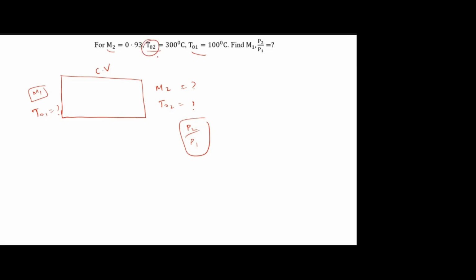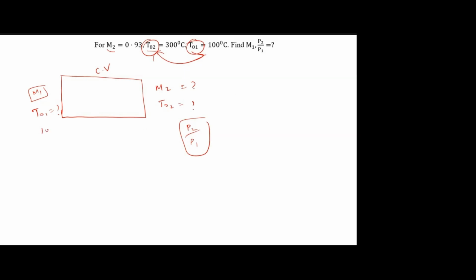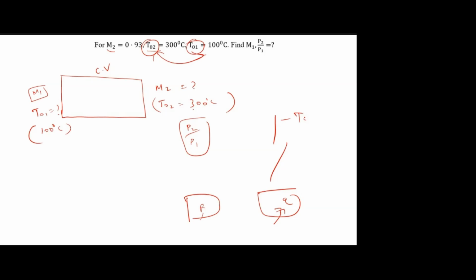But you can see by comparing these two temperatures. T naught 1 is 100 degrees Celsius. T naught 2 is 300 degrees Celsius. In aerodynamics, mostly we have normal shock, oblique shock, Rayleigh, and Fano friction. For normal shock, T naught is constant.